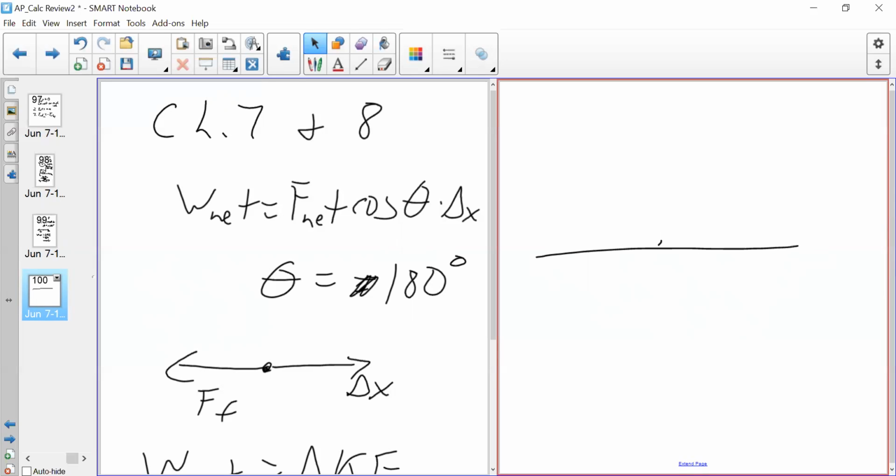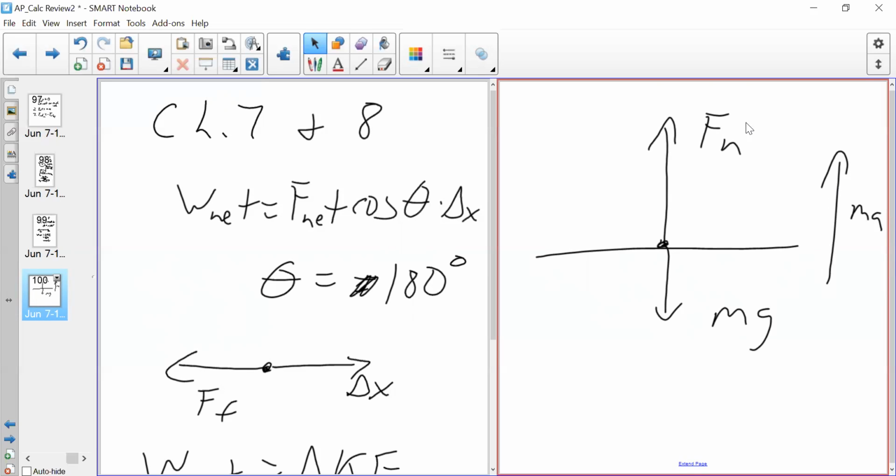So if you are in an elevator and you have normal force like this, and you have weight going like this, and you're going up, you can find out what the normal force is just by a simple free body, like we have there.